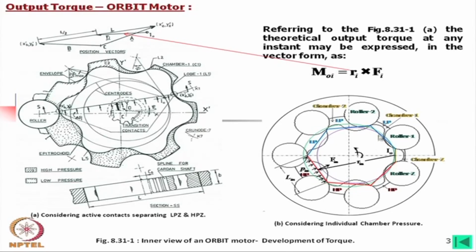Now, also we consider chamber 1, which is in between rollers 1 and 2, chamber 2 which is between 2 and 3, etc. So, the chamber at the 0th position must be chamber 7 or the zeroth chamber, which in this case is the 7th chamber. Okay.